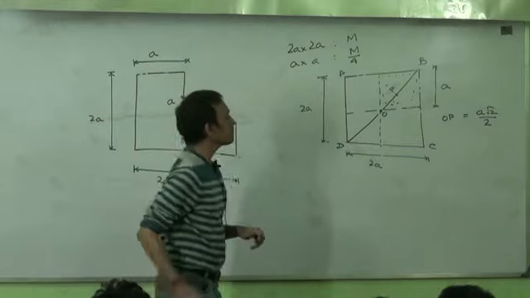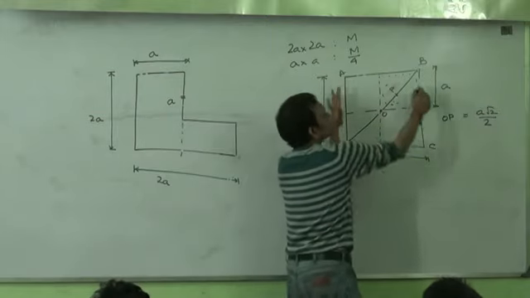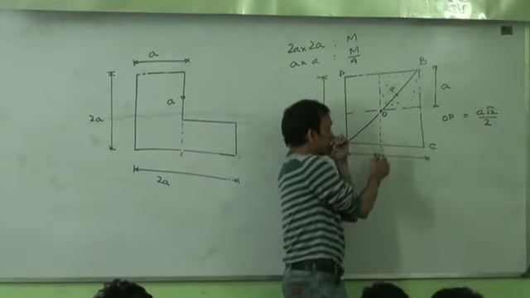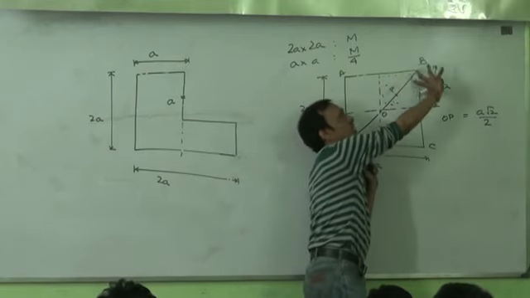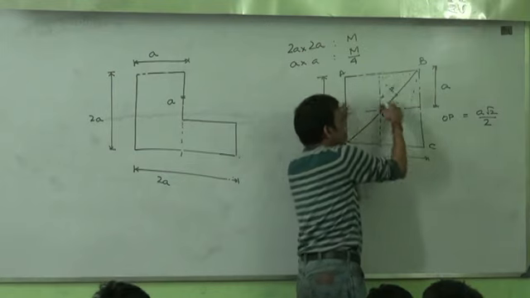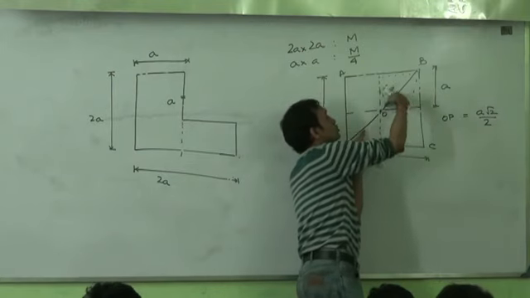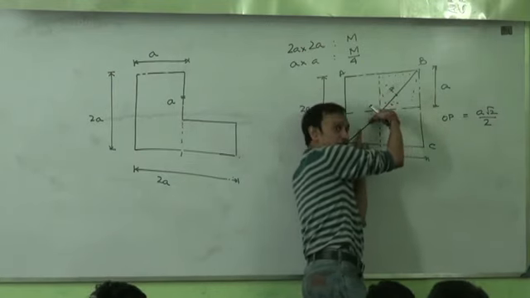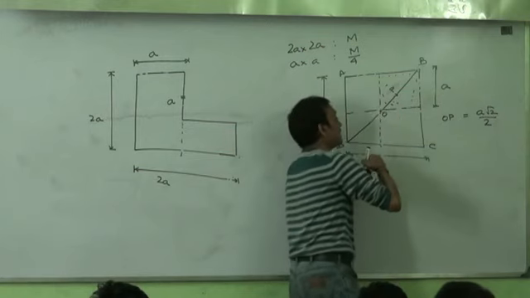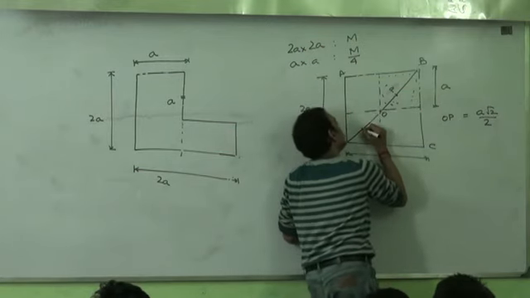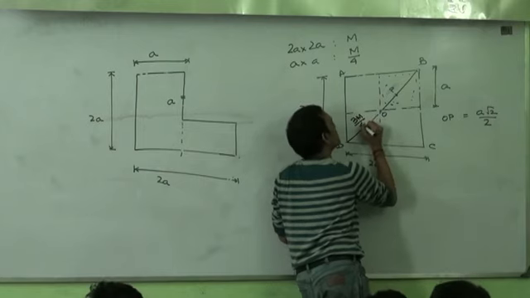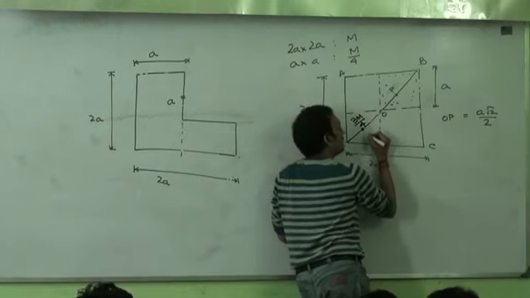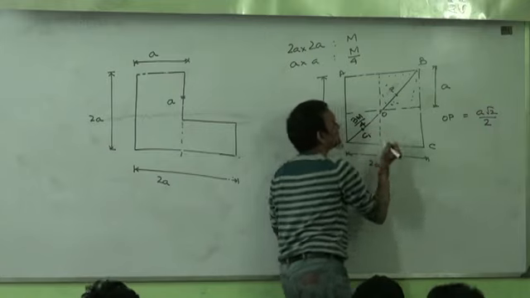Right? For the bigger square, the center of mass was lying here. Once you remove this mass, the remainder of the portion becomes heavier. So you would expect the center of mass to shift here for the remaining portion, right? The remaining portion has mass 3M by 4 and will have its center of mass somewhere here at C1.